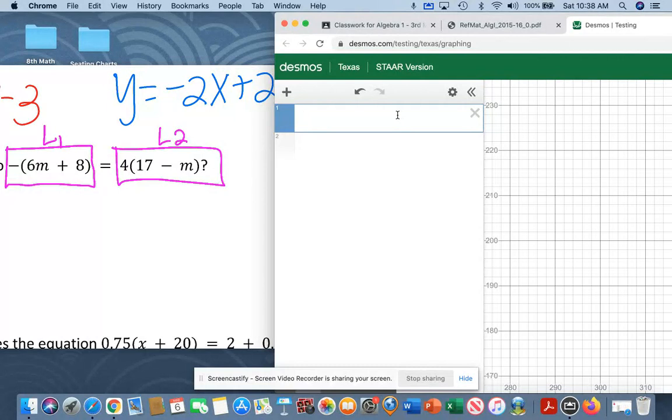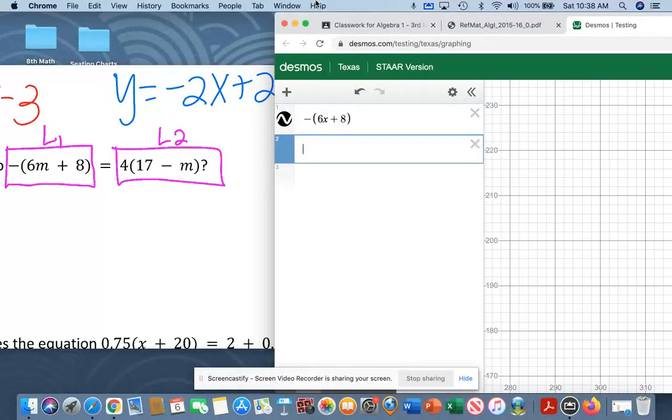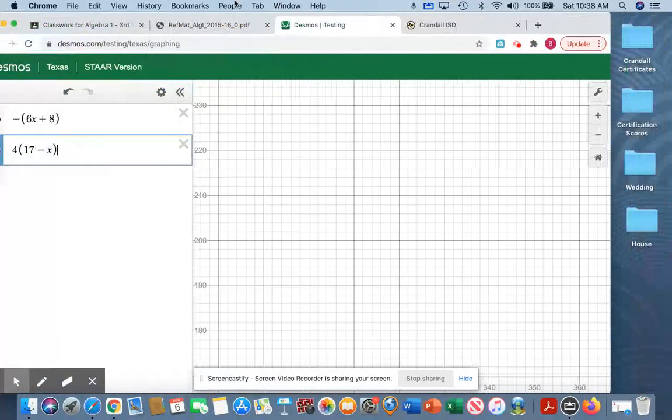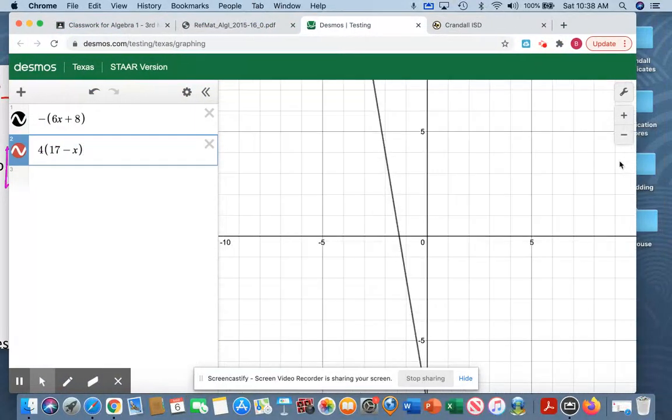So into line 1, I'm going to do -6. And remember, anytime you have a variable, you're just going to change it to x, plus 8, close parentheses. Line 2, I'm putting 4, open parentheses, 17 minus, again, change it to x. And then I'm looking to see where the red and the black line intersect.